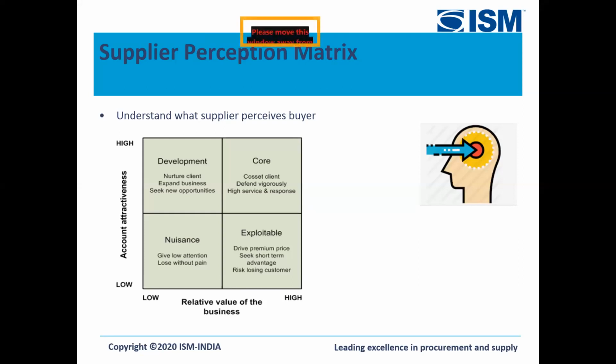And we understand that if we have the highest value of business, and if we have the most attractiveness, for example, if we as a company can be their entry to a certain industry segment, they can see us as a core asset, and they can understand that this is something that we need to work with. Because if we are under the core segment, they will try to give us the best possible deals, they'll try to give us best possible attention. There would be much better response times.